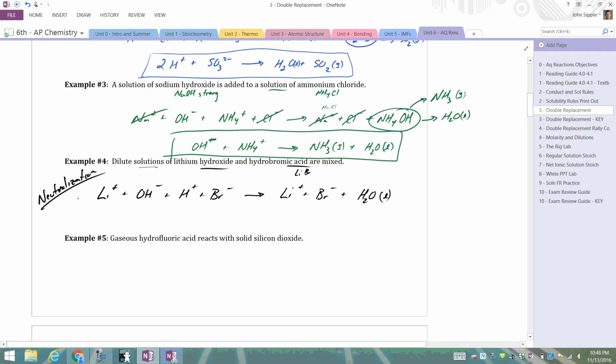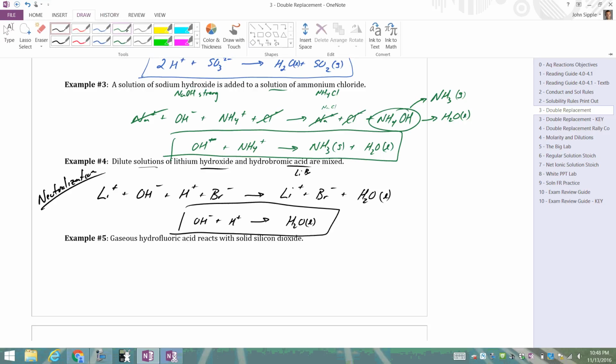This is a neutralization reaction. So we can boil this down to just hydroxide and our H ion coming together and forming H2O liquid. Isn't that nice? There we go, nice and balanced. There's a neutralization reaction; we formed liquid water.